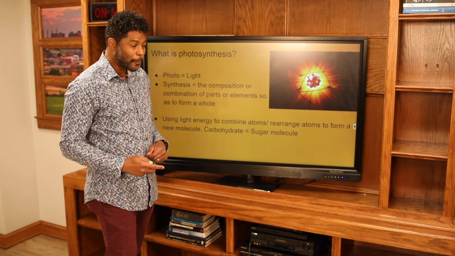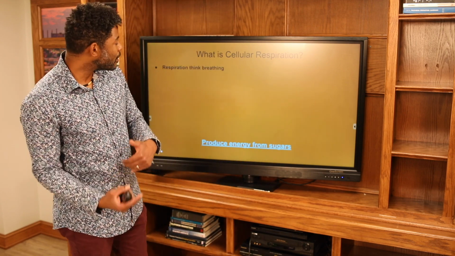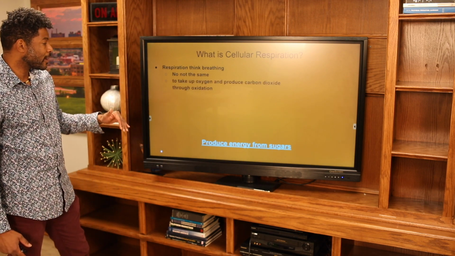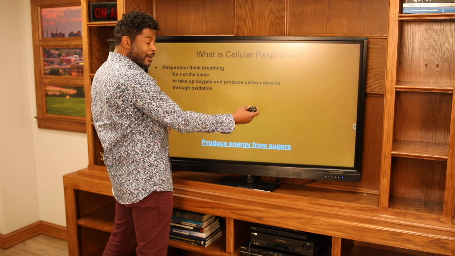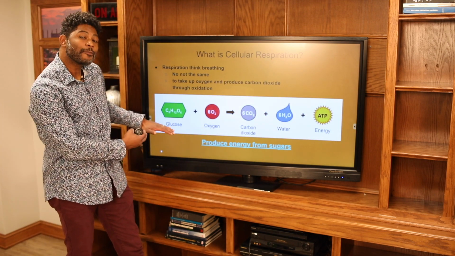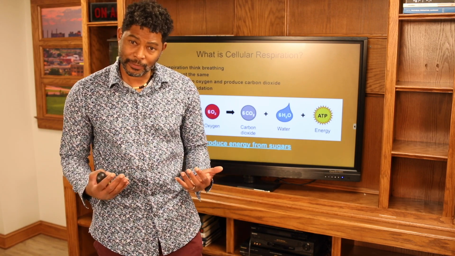Okay? Now, when we move on to cellular respiration, remember, when we talk about respiration, don't think breathing. What you want to think of is using oxygen to produce carbon dioxide, and more important, to take this energy that's in the form of a sugar molecule and convert it to ATPs, which is like the currency of a cell, okay?